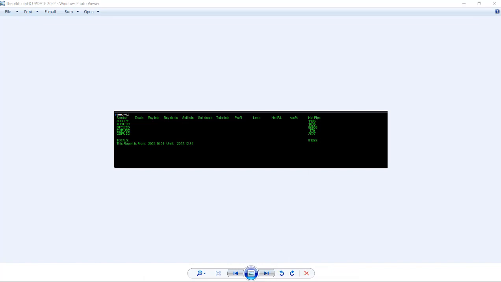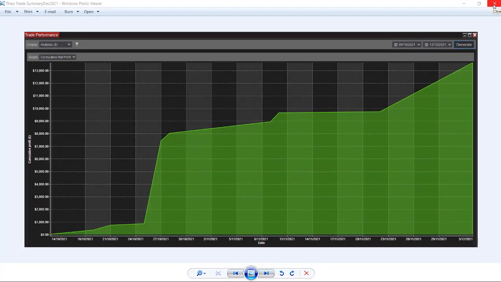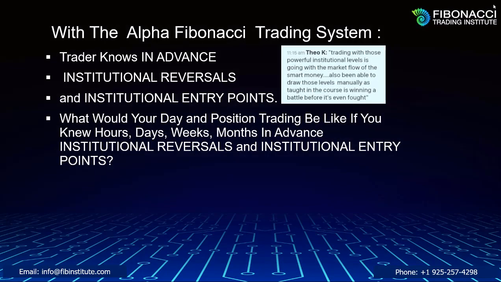Choice is yours. You've been through the circle of cheap indicators. You are done thinking as the majority does. You want to become top 1%. You need to stop doing what the rest 99% does. With Alpha Fibonacci system, you know in advance institutional reversals and institutional entry points.